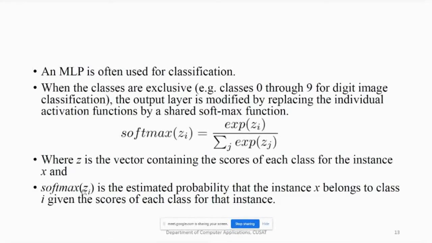So this softmax function provides a normalized value, and that is a probability value computed from the individual scores. And this probability value tells you the chances of having that particular decision corresponding to the class.